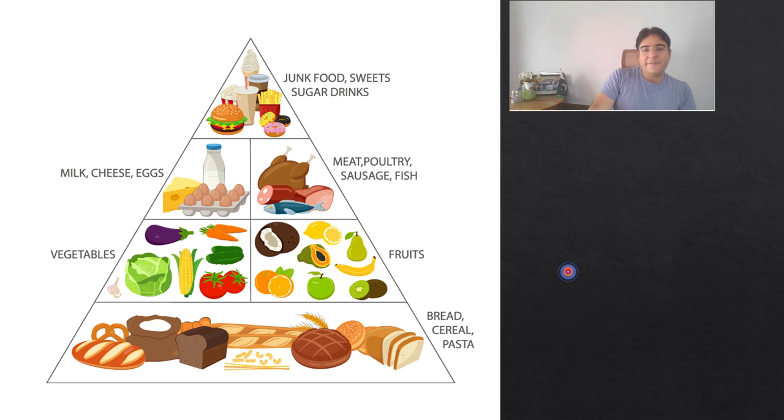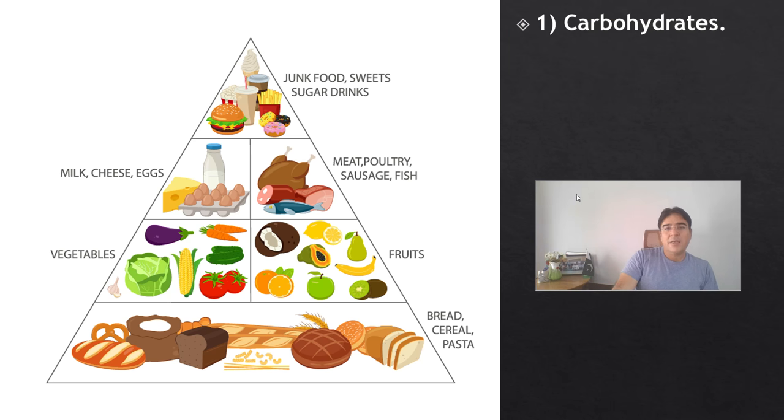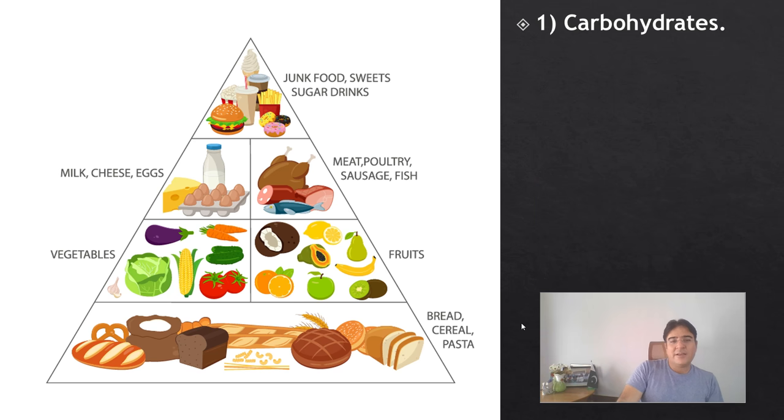So if I move further in this and tell you more about it, the carbohydrates are coming from bread, cereals, grains, rice, and the proteins are coming from meat, fish, beef, chicken, eggs, milk, and cheese, and fats from the similar sources.